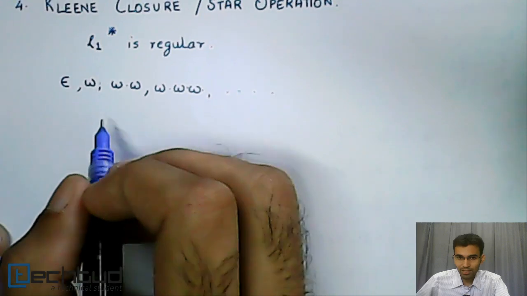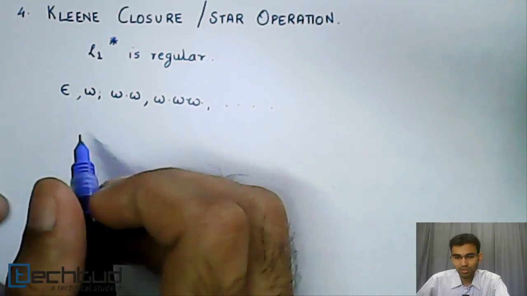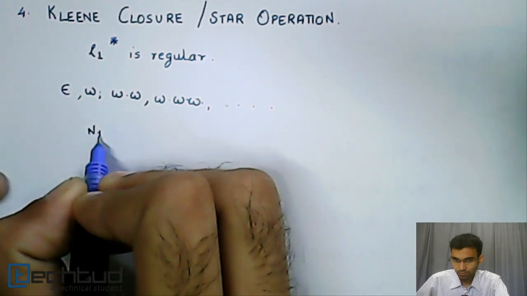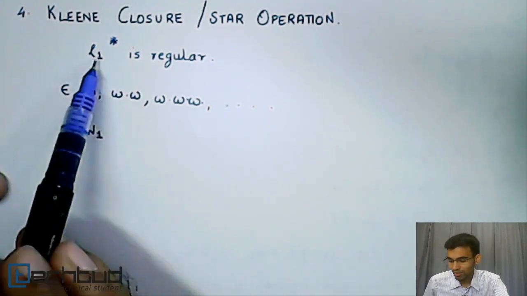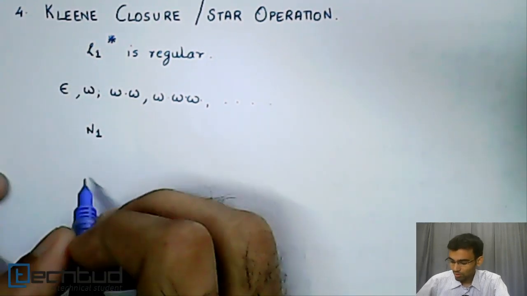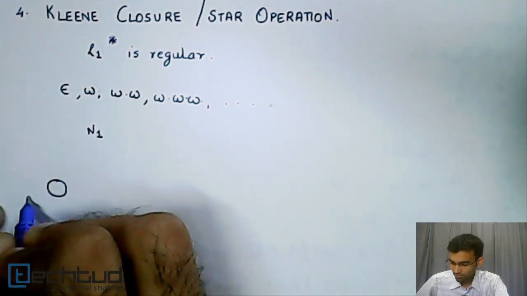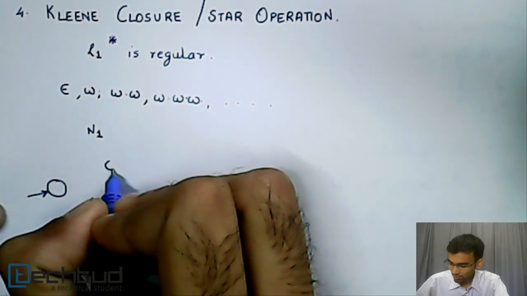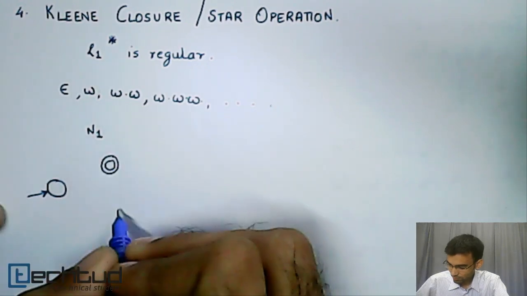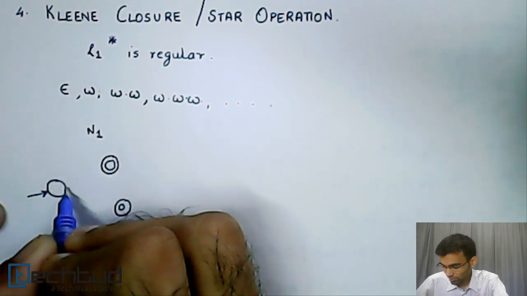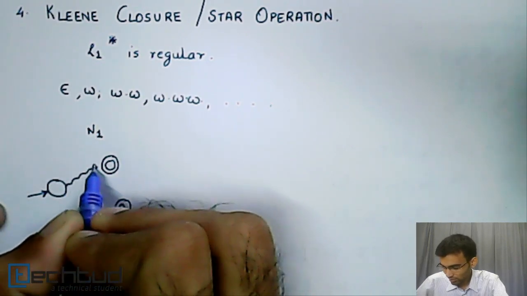So let's say we had a non-deterministic finite automaton N1 which accepted the language L1. So what will N1 look like? N1 will have a start state and a set of final states, right? And there will be some way of getting from a start state to a final state.